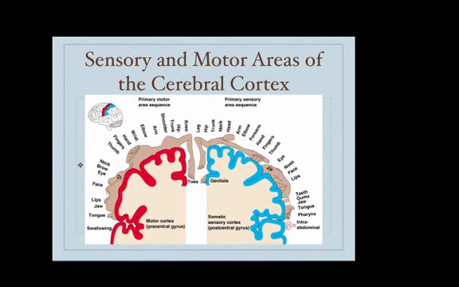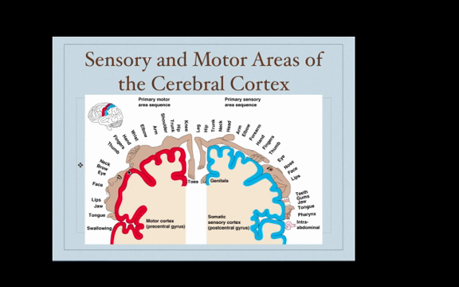In this picture, you can see over here in the top corner the cerebrum, and the blue gyrus is the primary sensory area. So that's going to be a lot of information coming in from the body about various regions. And then the red, which is right in front of the central sulcus, is the primary motor area.